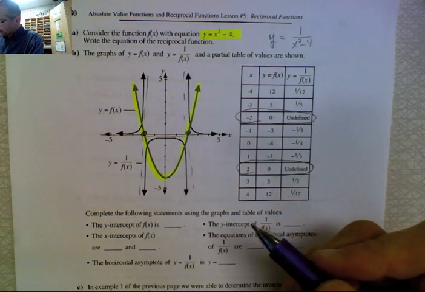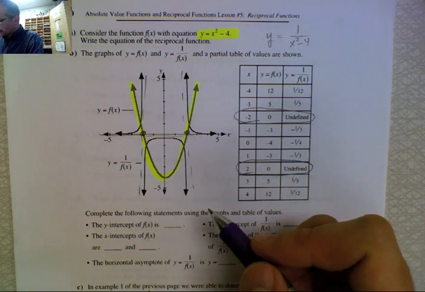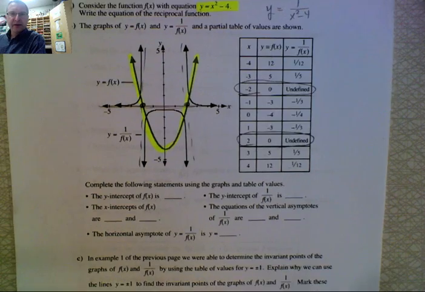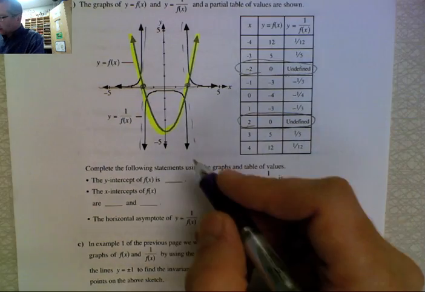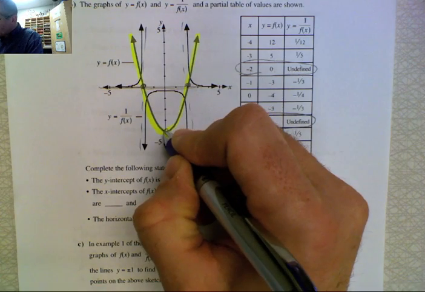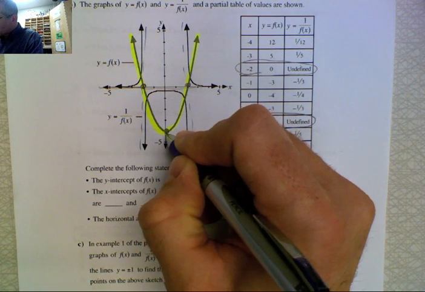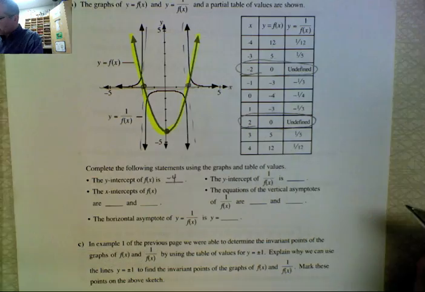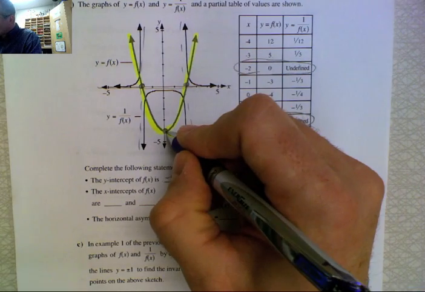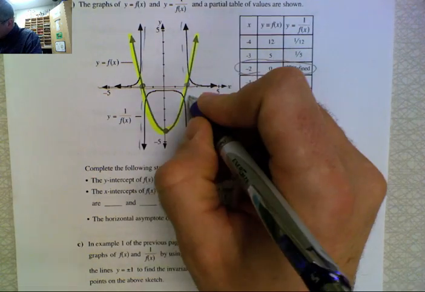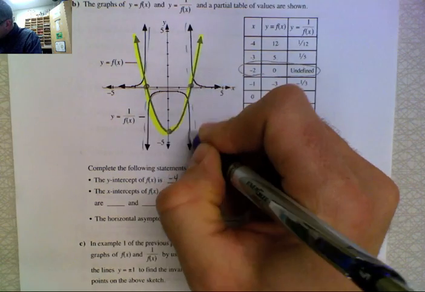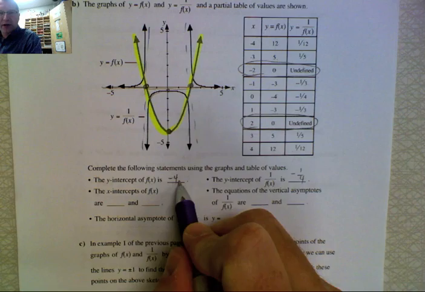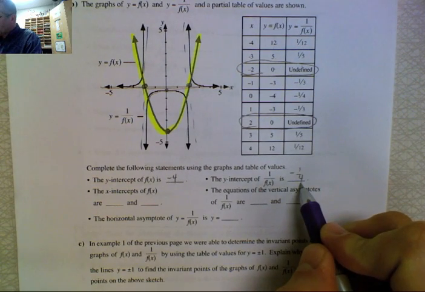So if we look at the questions here that are going to help us analyze these particular graphs, if you look at the y-intercept of the original function, the y-intercept of the original function is down here at -4. The y-intercept of our new function, this curve here, is actually going to be at -1/4 because we take our y value and we put it underneath 1.